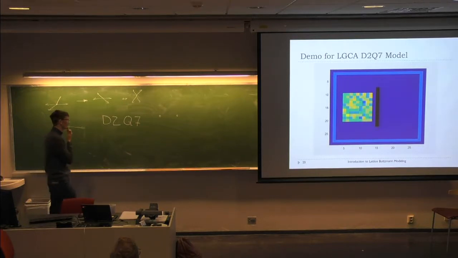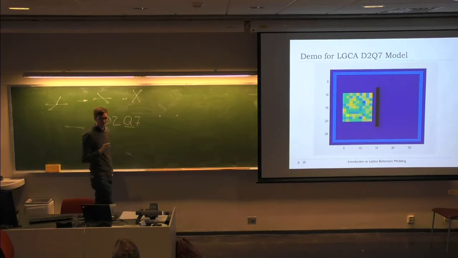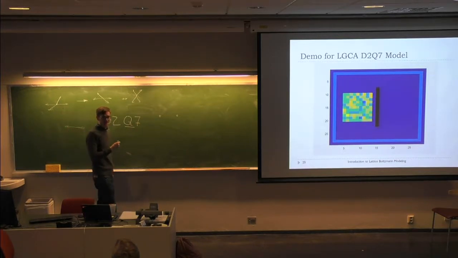The D is dimensions, so we're in 2 dimensions. And Q, if you ever talk to a physicist, he's going to talk about Q1, Q2, Q3, Q4. I don't know why they have so many dimensions, but this is basically the spatial directions.